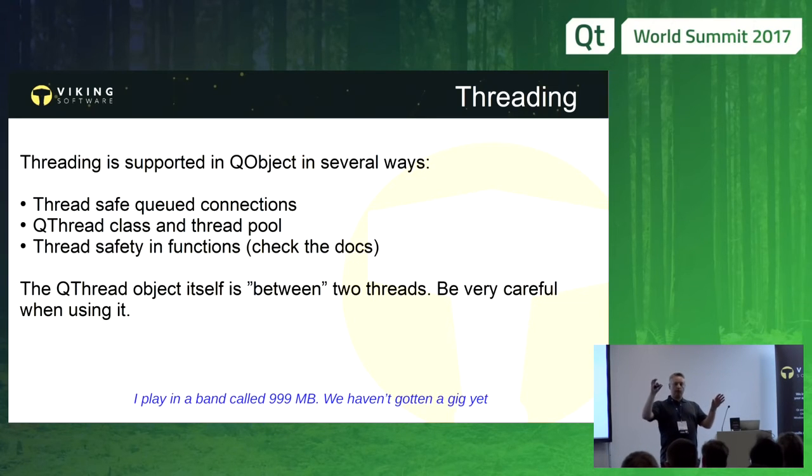You have your main thread over here, you say new, my QThread subclass, and then you call start on it, and inside the start, you'll start a new thread, and you'll have something running inside the run method of your subclass. But this code is in the new thread. The constructor, the destructor, and so on, they belong in the calling thread. So the object is shared between these two threads, and that's where it gets hairy.